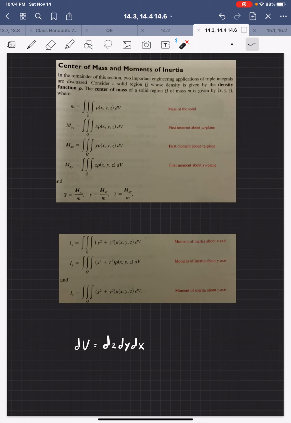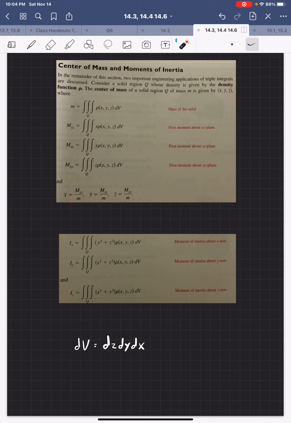Finally, when all is said and done, if you're looking for the center of mass, it's going to be some point on the solid, and you find each of those x bar, y bar, z bar by the quotient of the first moment divided by the mass.